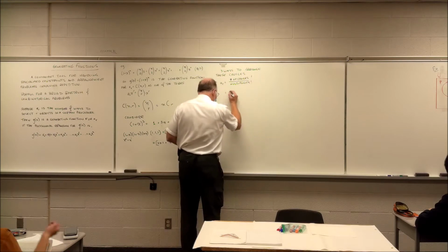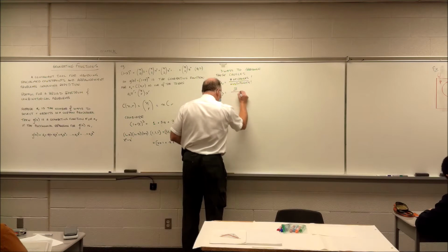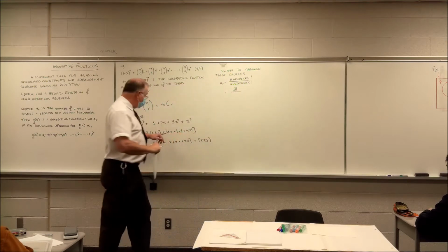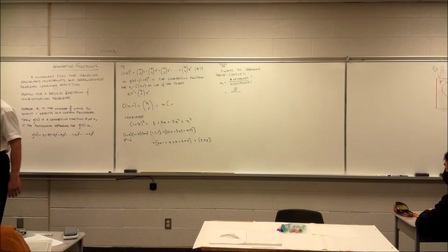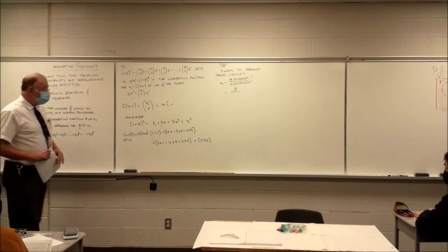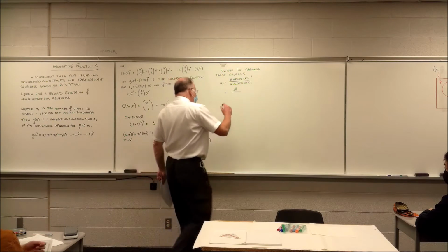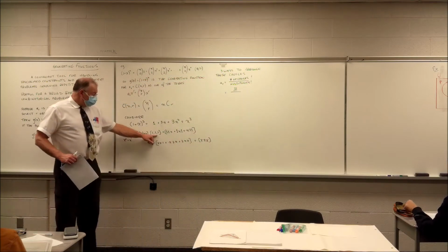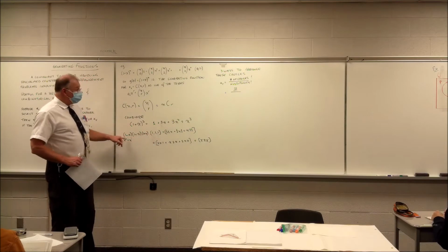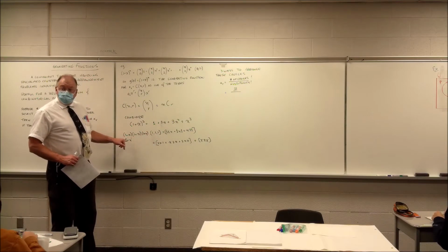So this would be equal to 3 factorial, because there are 3 factorial ways to rearrange 3 things. Then you have the multiplicity. In the first case, there's just one, and there's only one. So this is 1 factorial over 1 factorial.